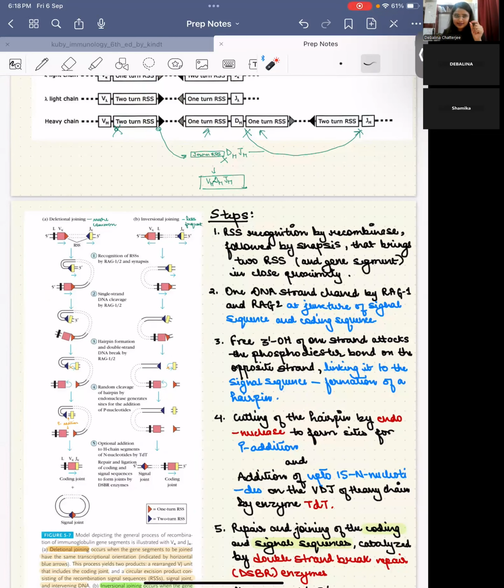So say one RSS segment of the V region is recognized by RAG1. The other RSS sequence of your J region is recognized by RAG2. And ultimately, RAG1 and RAG2 need to come together in a synapse sort of situation. The synapse is the bringing of these two things together into some sort of communication, right?